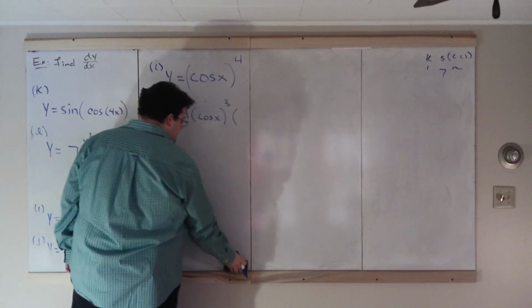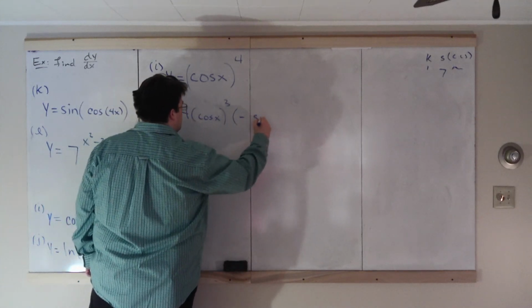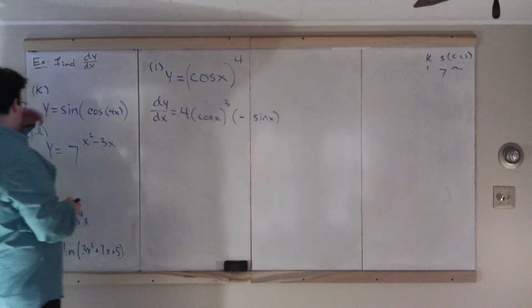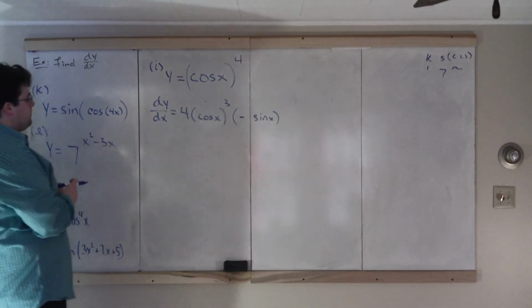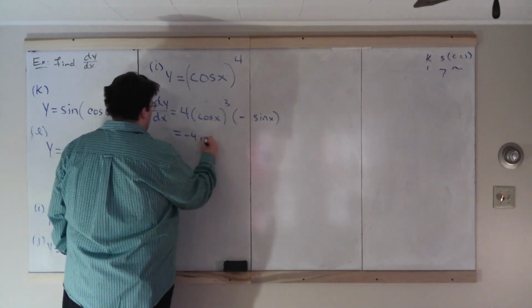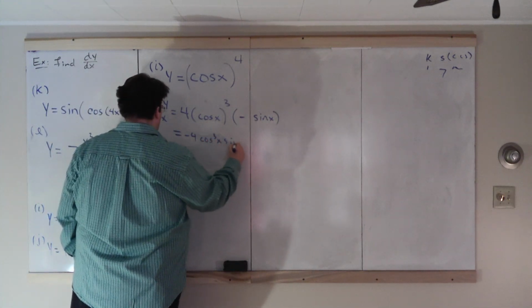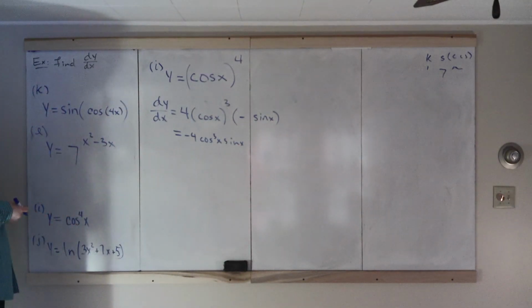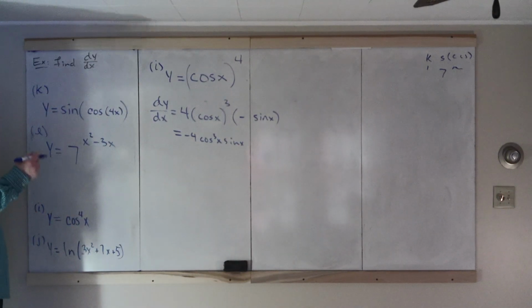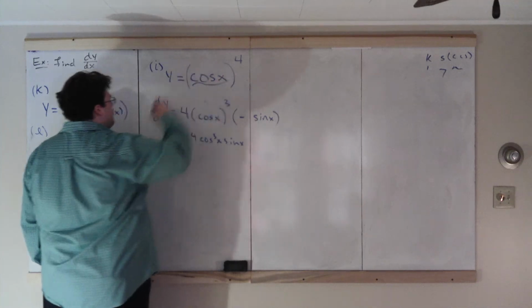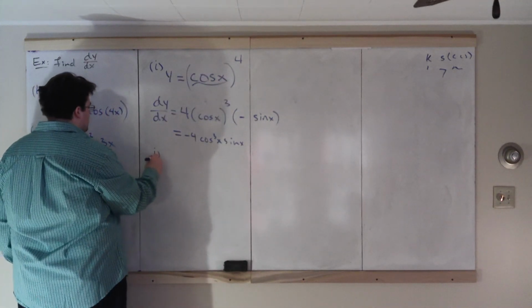Derivative of cosine is negative sine. If you want, you could rewrite this as negative 4 cosine cubed of x, sine of x. It looks a little nicer. But this function in I is a function to the fourth power. If you wanted a u substitution, u would be cosine of x.